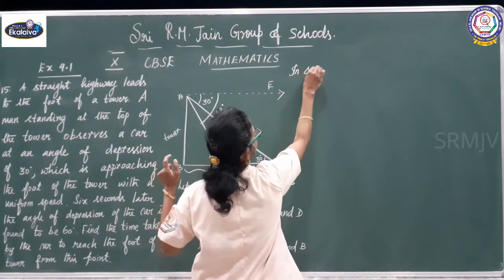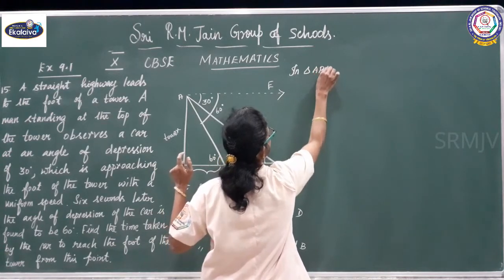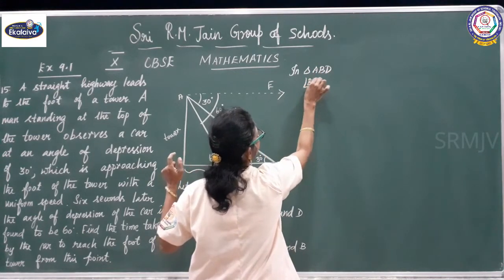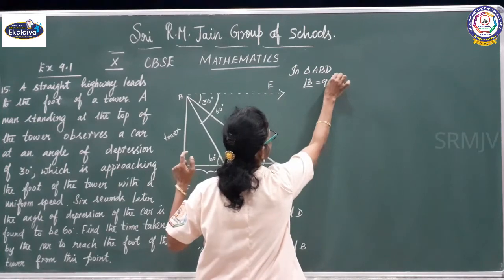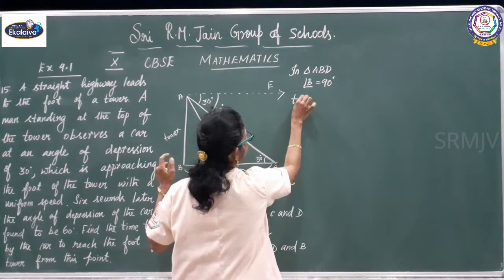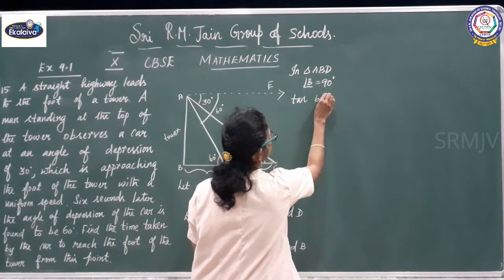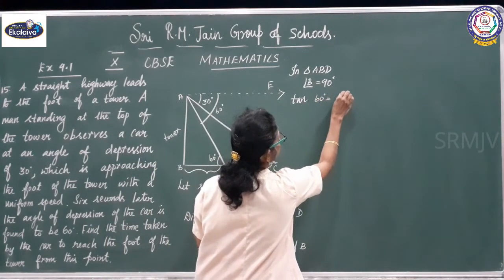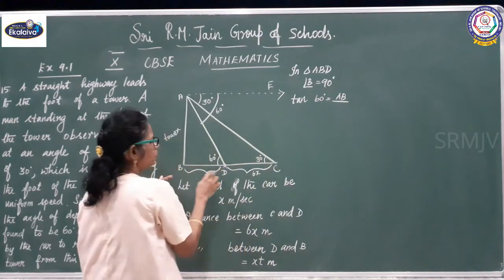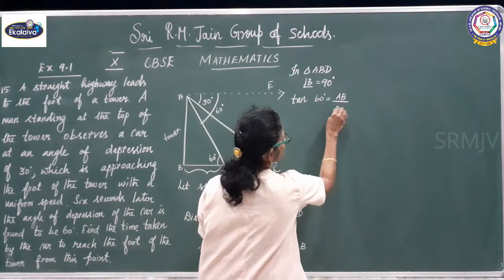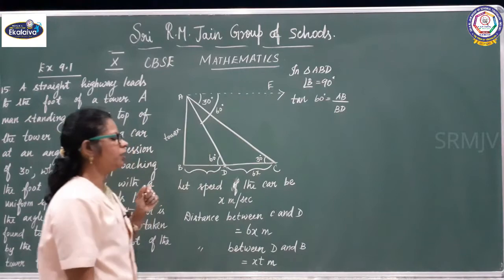In triangle ABD, angle B equal to 90 degree, tan 60 degree equal to AB divided by BD.